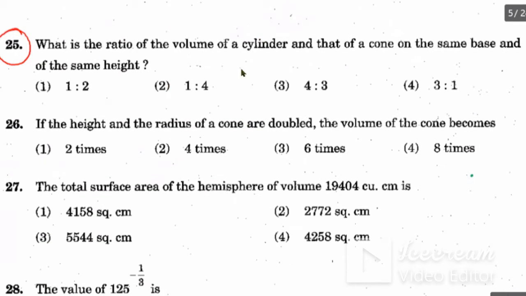What is the ratio of the volume of the cylinder and that of the cone on the same base and the same height? For a cone, a cylinder, and a hemisphere, you have to remember these three like this: first cone, then hemisphere, then cylinder.